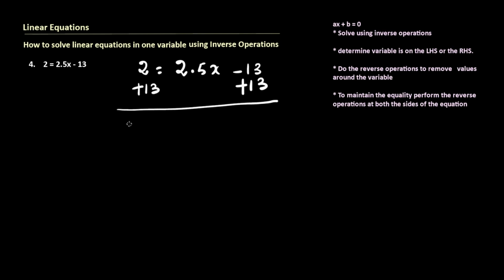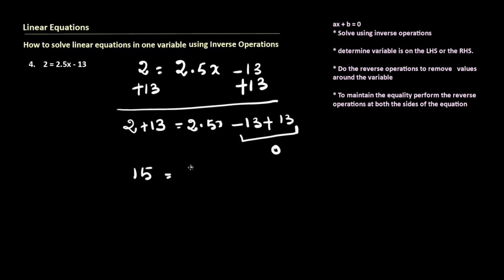That makes our equation 2 plus 13 equals 2.5x minus 13 plus 13. Minus 13 plus 13 becomes 0. So 2 plus 13 is 15, equals 2.5x. Now let's look at our new equation: 15 equals 2.5 times x.